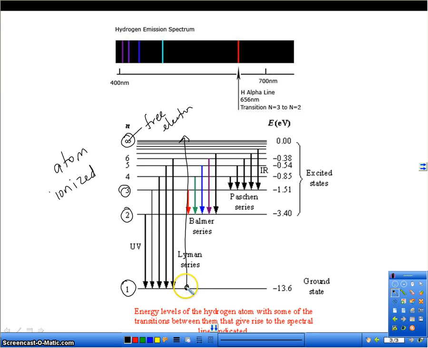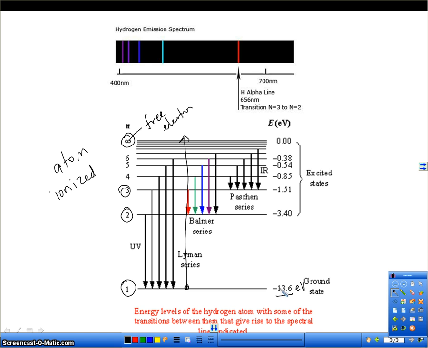So if you want to free an electron, and it's in the n equals 1 state, you have to give it enough energy to get it all the way out of the atom. How much energy that is depends on the atom itself. If this is a hydrogen atom, which it is, the energy of the electron in the ground state is negative 13.6 electron volts.